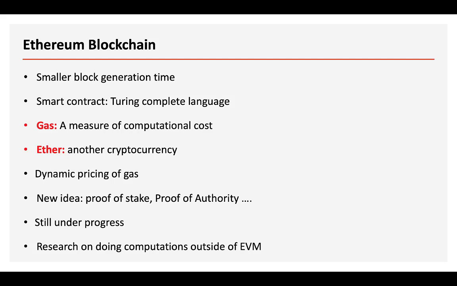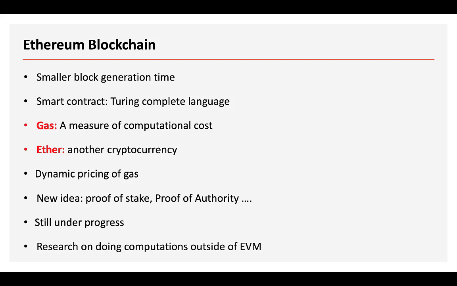So gas is a measure of computational cost, and if you allocate a certain amount of gas, then your program, even if it is written in a way that it could possibly go into an infinite loop, because of running out of gas, that cannot happen. And then it has its native cryptocurrency called Ether, and the gas is dynamically priced, and you can actually give more price for your transaction to go through for gas and stuff like that.